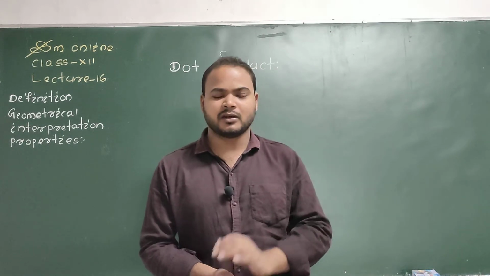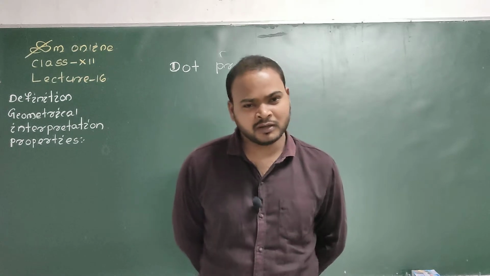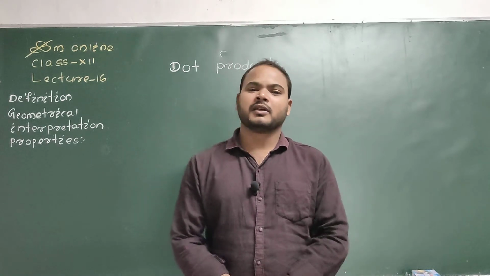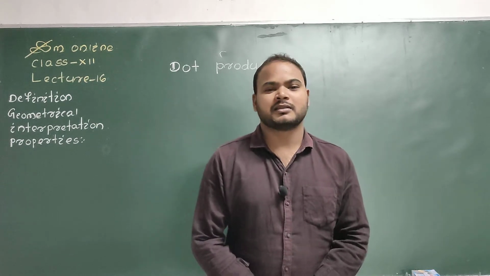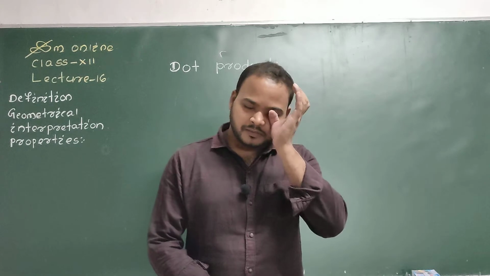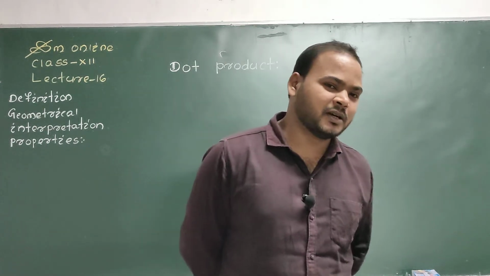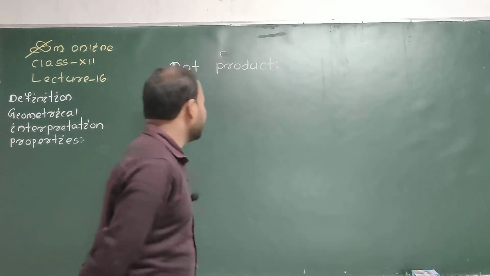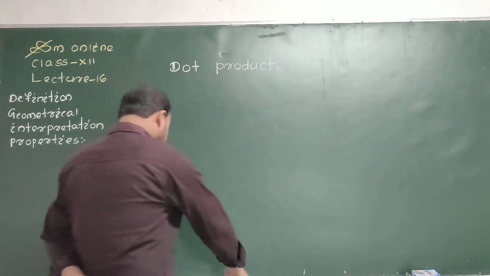If the result is a scalar, it is called a dot product or scalar product. If the result is a vector, then the product is known as a vector product, or cross product. In this chapter we study the dot product. So let us start.